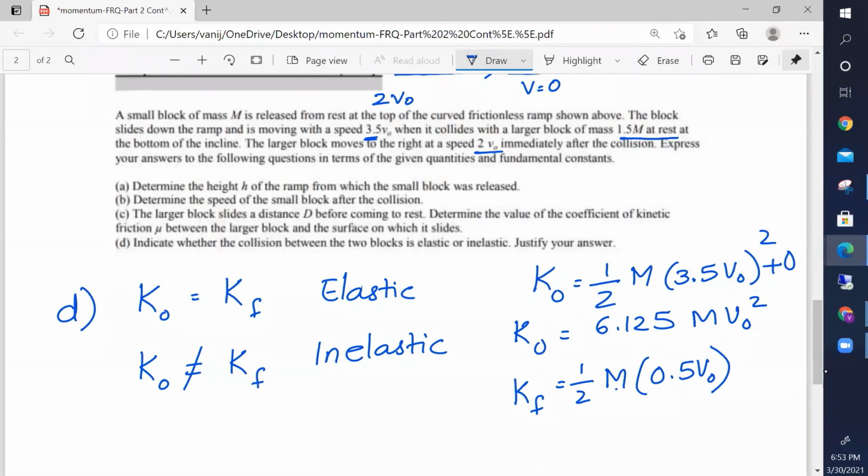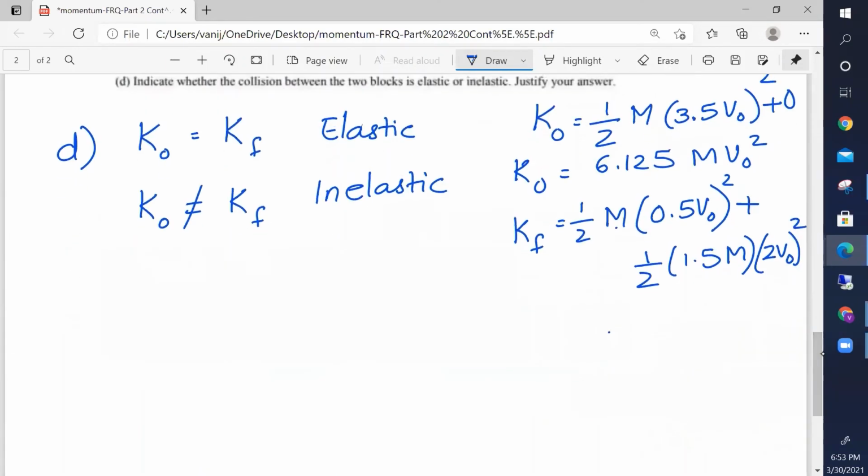So 0.5 V0 squared, because that's what we found in part B. In part B, we found that the velocity of the smaller block after collision was 0.5 V0. Plus, I'm going to add the kinetic energy of the larger block. So that is going to be 1/2, the mass of that block is 1.5 m, and the velocity with which it moved is 2 V0 after collision. So 2 V0 squared.